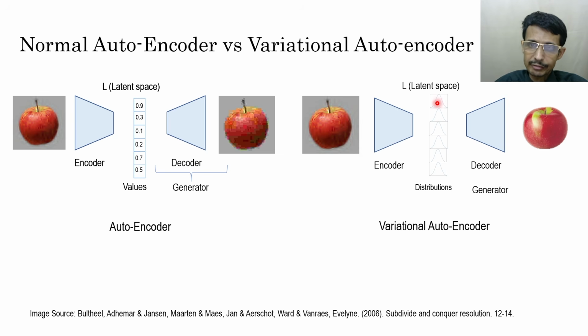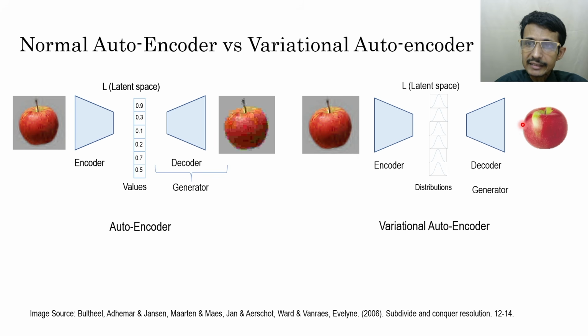The distribution is a kind of set of attributes that dictates this object or an image, and some point that is chosen from these attributes creates this image.